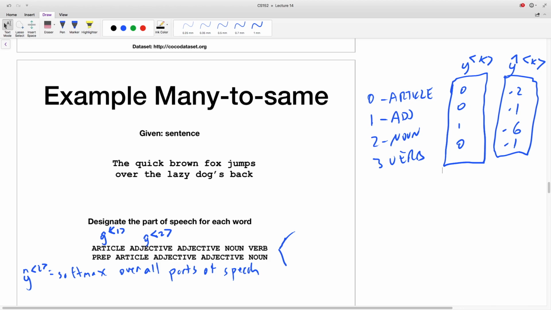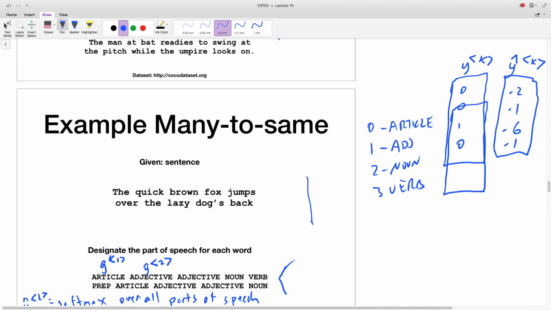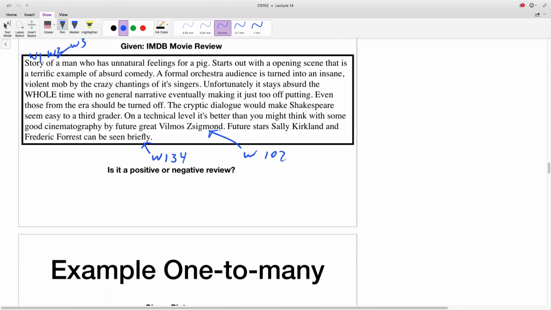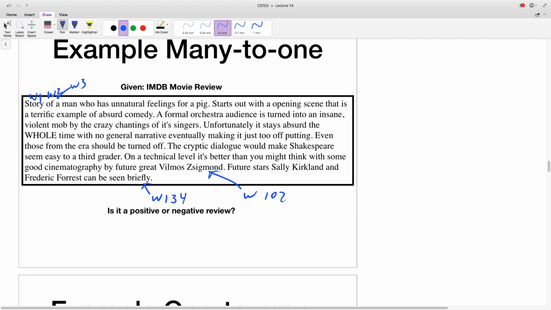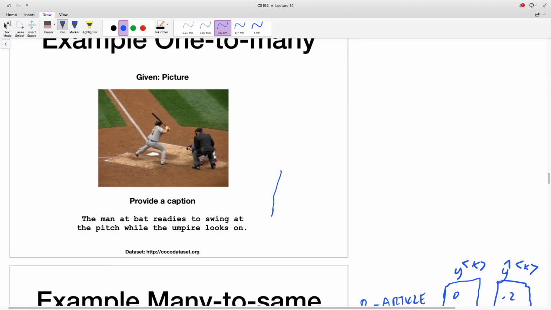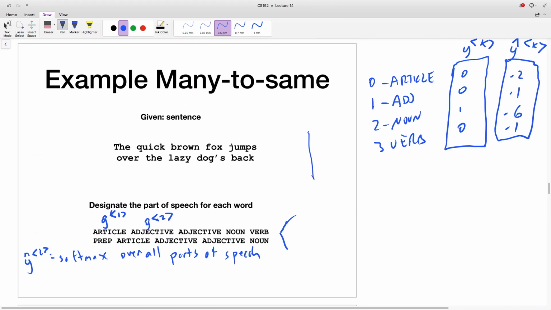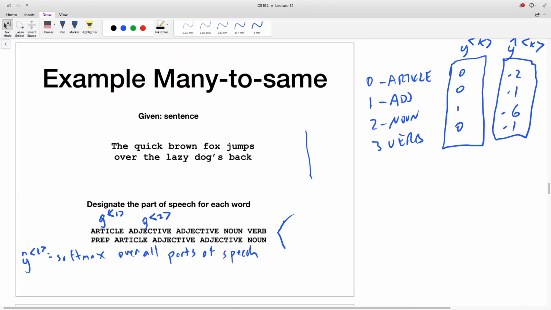What I had on the previous slide, not this one here, was looking at the idea of having word 1, word 2, word 3 as the inputs, right? And in fact, since I want the number of inputs to equal the number of outputs, I want each input to be a word. Okay?